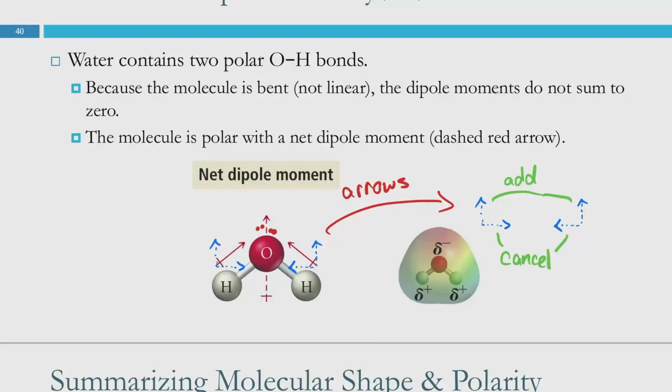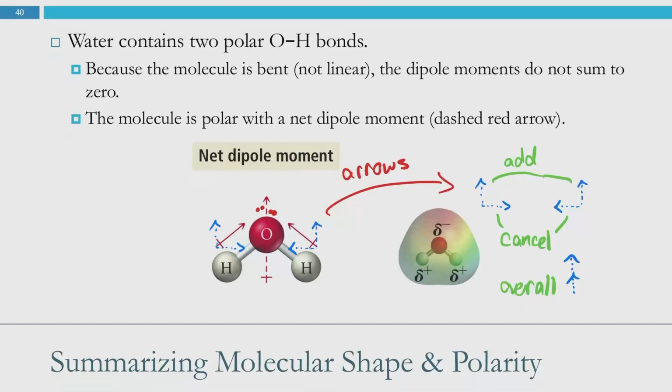So overall, we would just get one big arrow pointing up. We add the two arrows. You just stack the arrows on top of each other. They add linearly. And so it's polar overall, because those arrows don't completely cancel out.